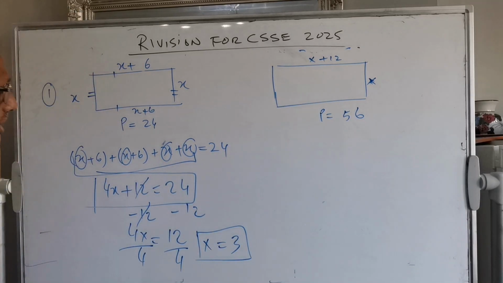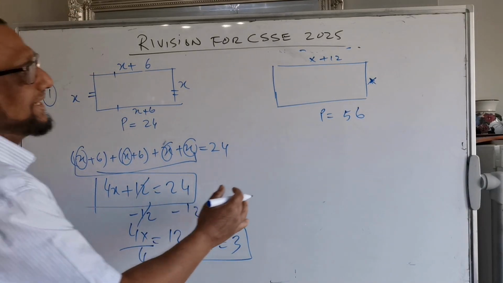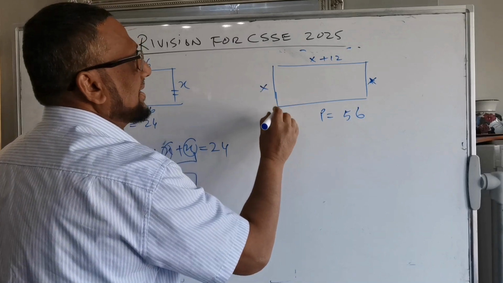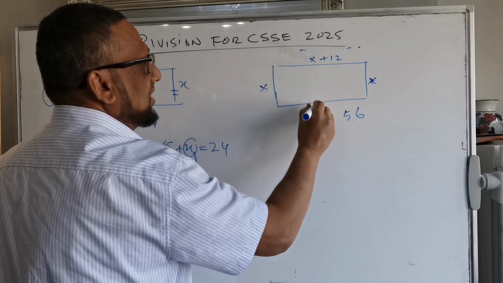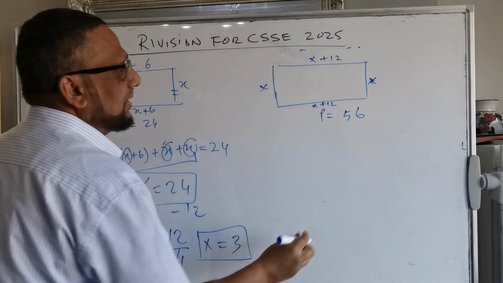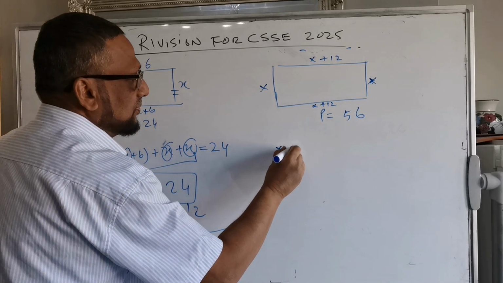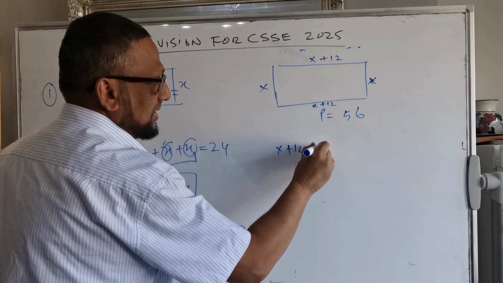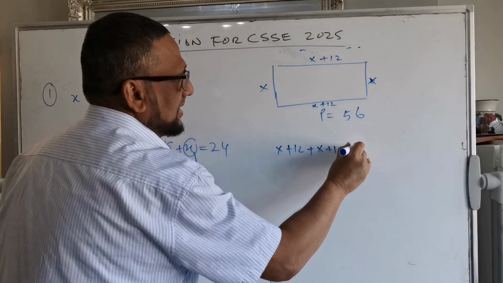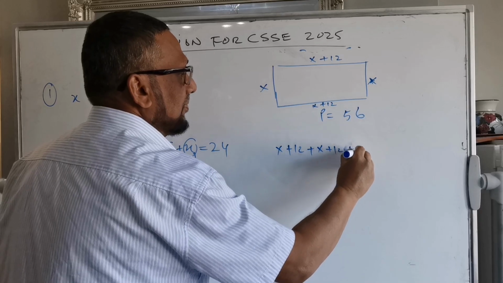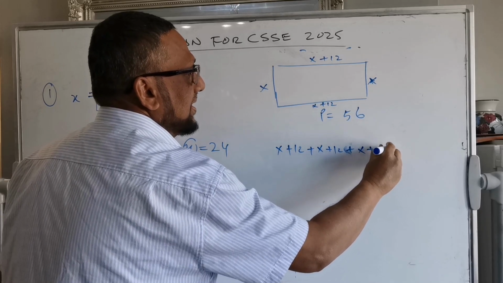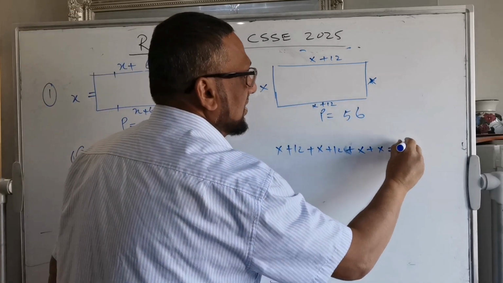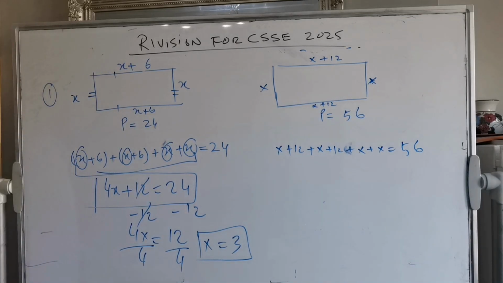And if you're going to solve this question, look at this one, exactly the same way. This is x, so this is also x. This one is x plus 12, so this one is also x plus 12. So I'm going to write x plus 12 plus x plus 12 plus x plus x equal to 56, the perimeter given.